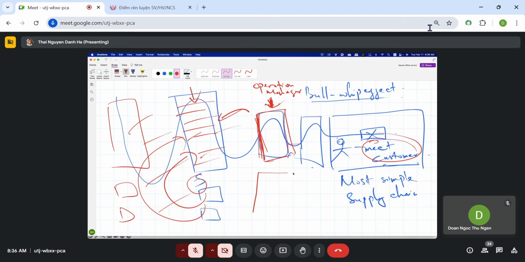build a very, very big warehouse in the company. Actually, the warehouse is even bigger than the production plant. And we try to produce a lot of product and keep it in the warehouse.